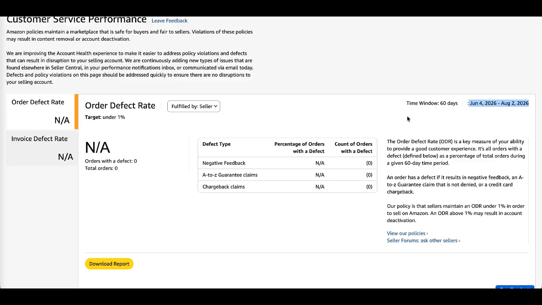Whatever number of orders you have shipped will be your total number of orders, and whatever defects you have got in these three aspects, negative feedback, A to Z claims, and chargeback claims, are the factors on which the ODR will be calculated. As we have already discussed, the order defect rate should always be under 1%. Now we will look into each factor one by one.